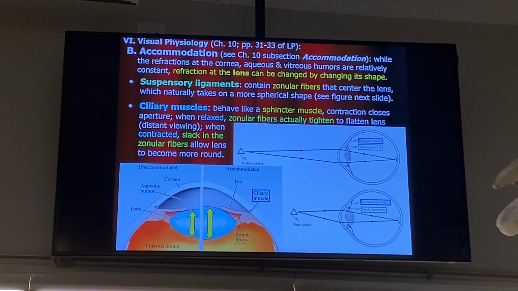Say this right here, biceps brachii. This is intuitive. It contracts, and the tendons and ligaments all get tight. Correct? This is the opposite when the ciliary muscle, because it is a sphincter.